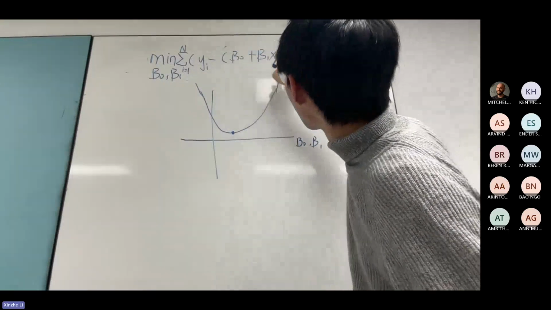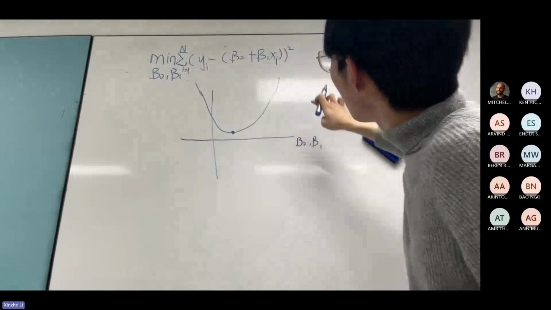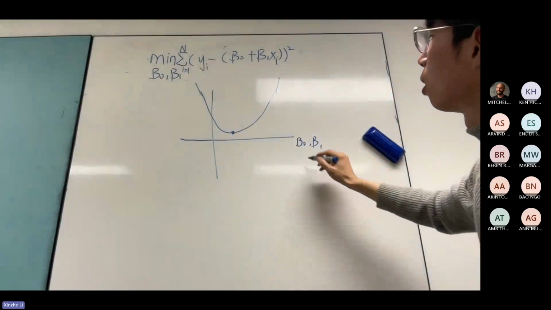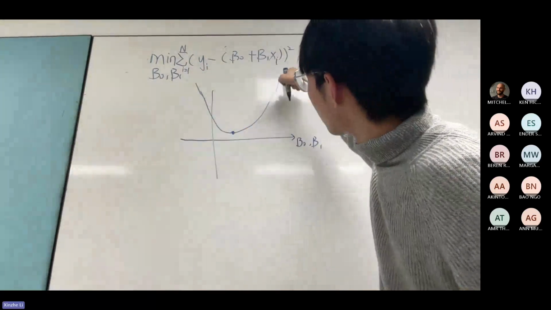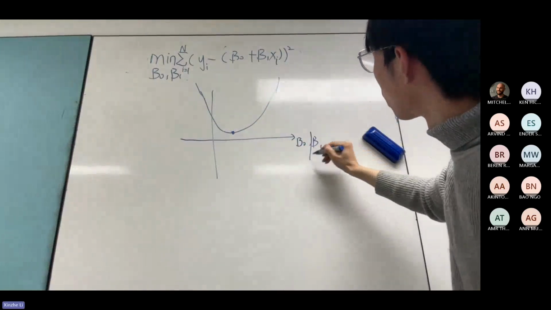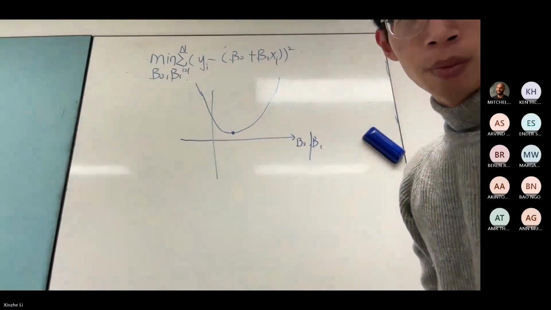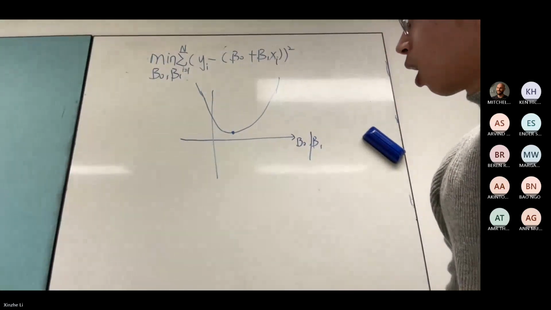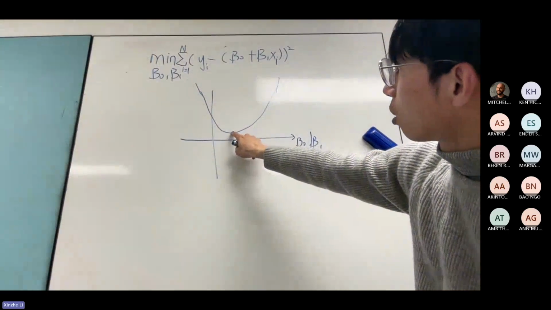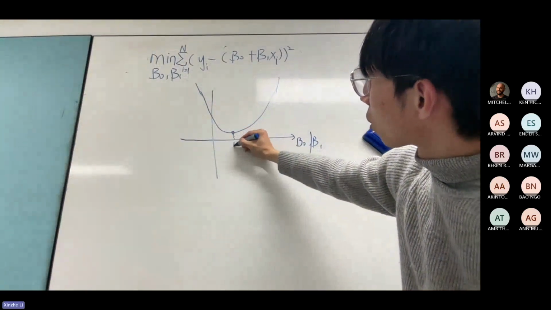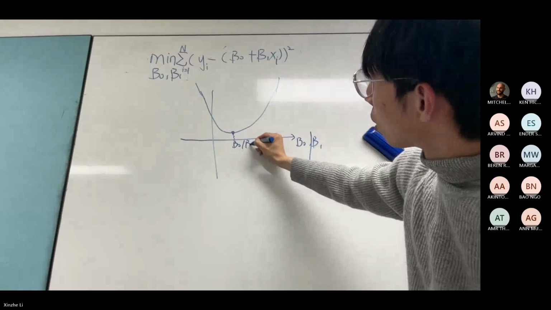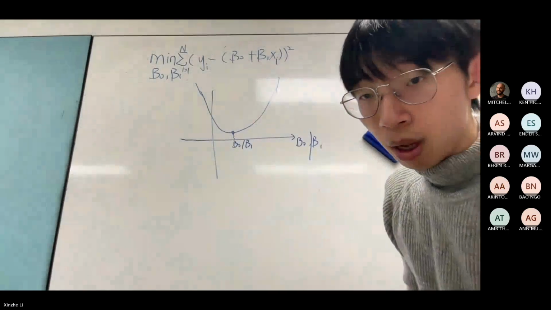So both beta 0 and beta 1, in terms of this function, are convex, always using the same form. How can I find this beta 0 and beta 1? Any idea?